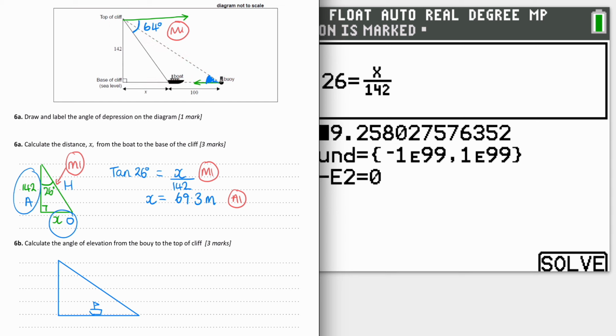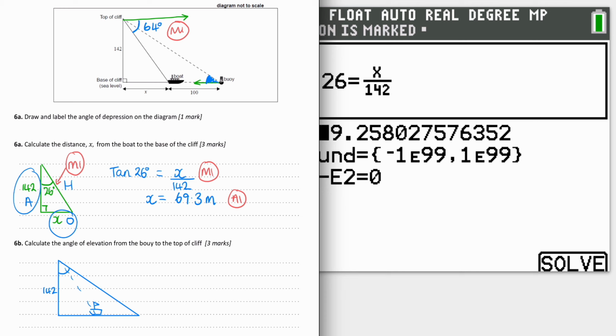So I now know that this is 142, same as before. I don't know the angle up here. I can't just say that that is 26, because that would be the angle going down to the boat. So it's only this part that's 26, and I don't know what that full angle is.